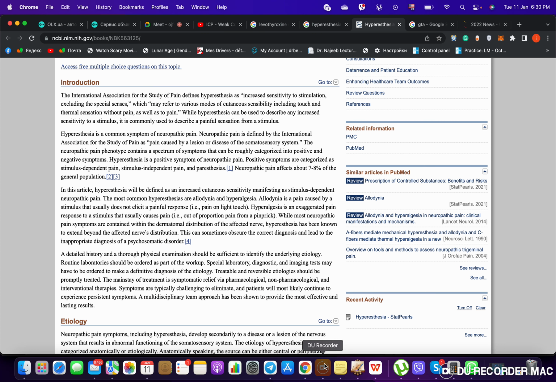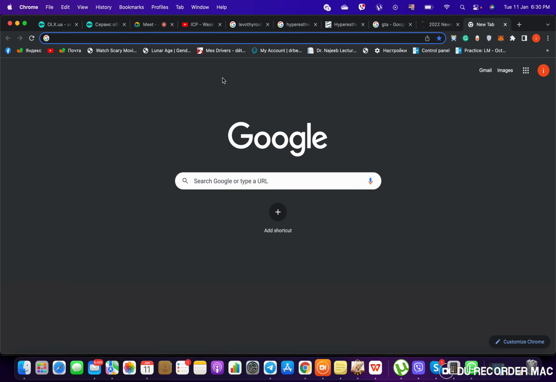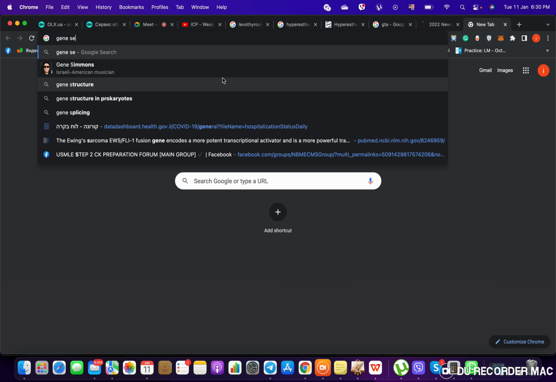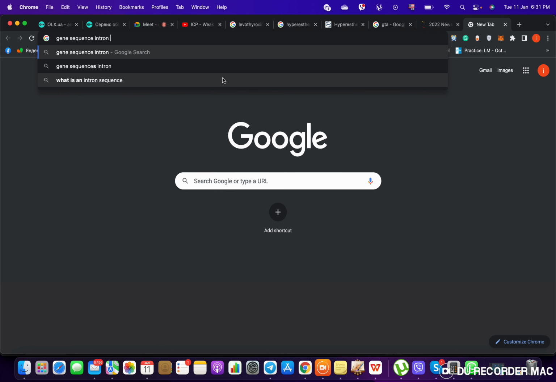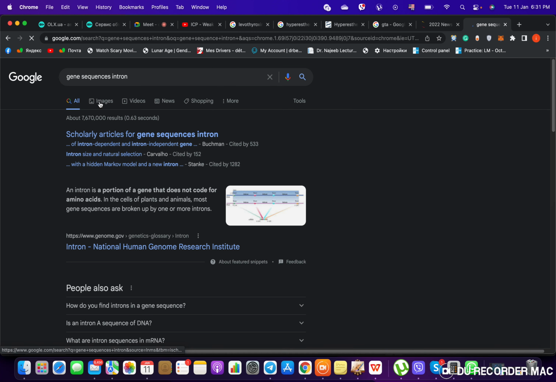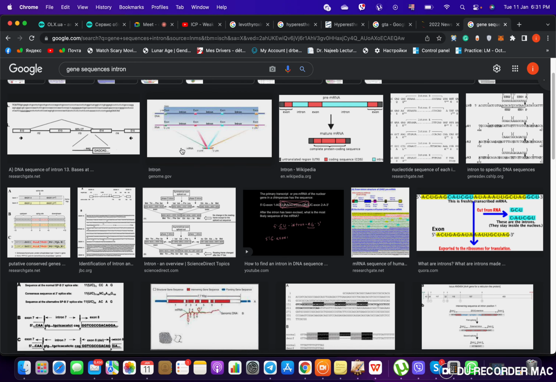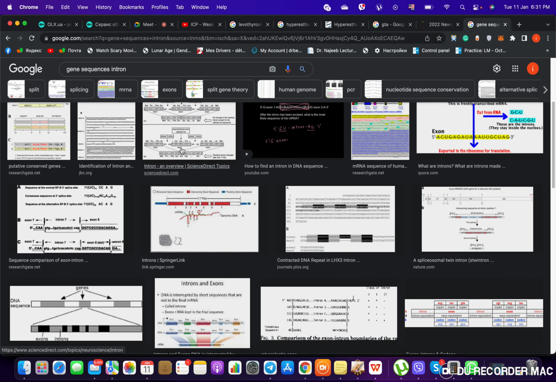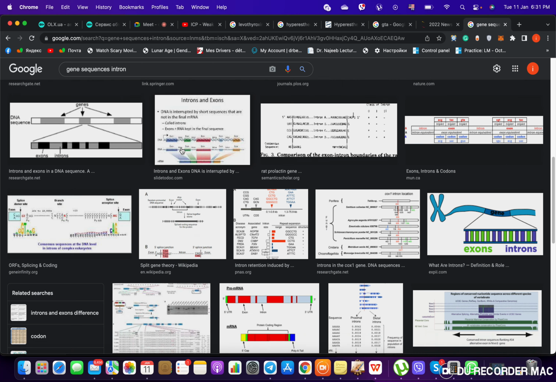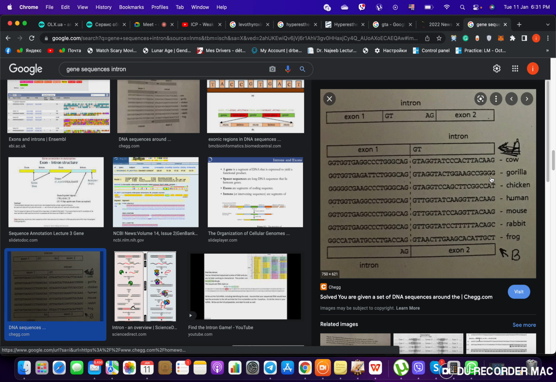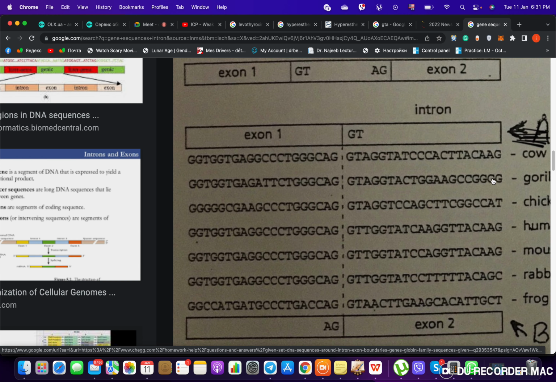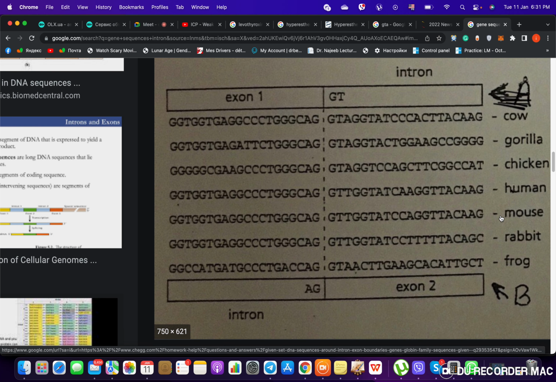Okay. A few points to speak about right now. If we speak about a gene sequence, and we look up the introns and the exons, I want to show you how they show you the question. Yes, they might show you a full sequence of a gene, which looks something like this. You are like, oh my God, what is that?